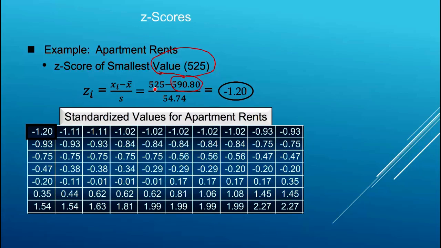So if we take the difference between 525 and 590.8, we have the amount in dollars that the smallest value is below the mean, and then if we divide that answer by the standard deviation, which we calculated on the previous slide, of 54.74, we get an answer of minus 1.2. What that means is that the smallest observation in the data set is 1.2 standard deviations to the left of the mean. And I know it's to the left of the mean because of the negative sign in the z-score.